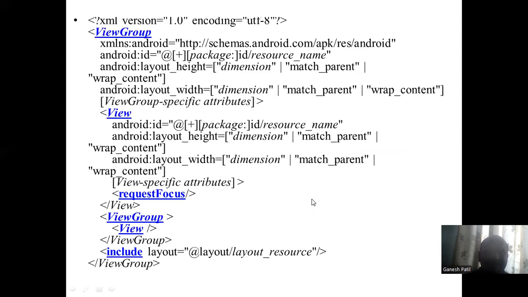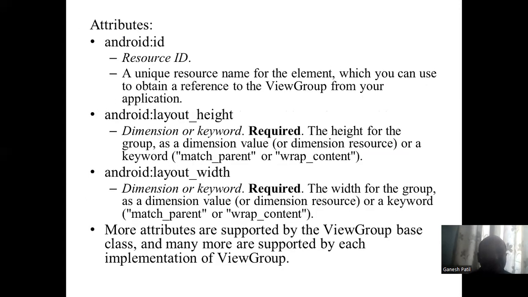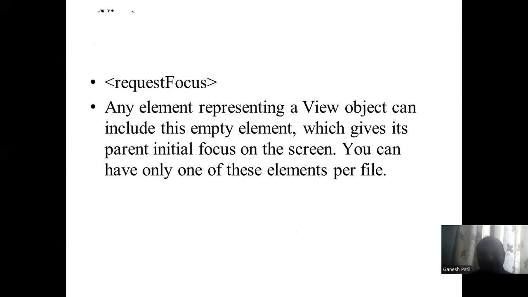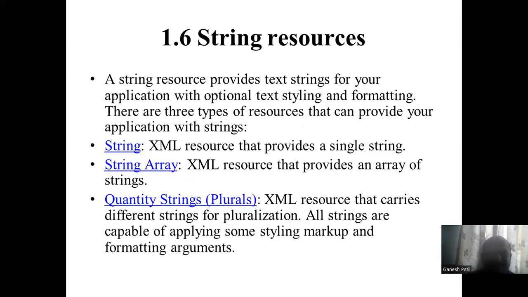This is a view, these are the tags. This is a merge tag, view group. Sometimes we require the checkbox, radio button, drop down list. These are the tags. Same, this XML means extensible markup language.